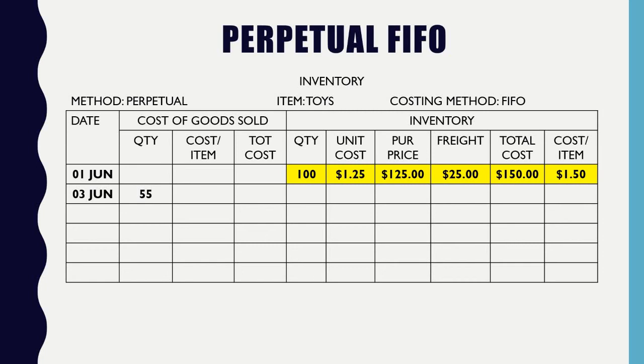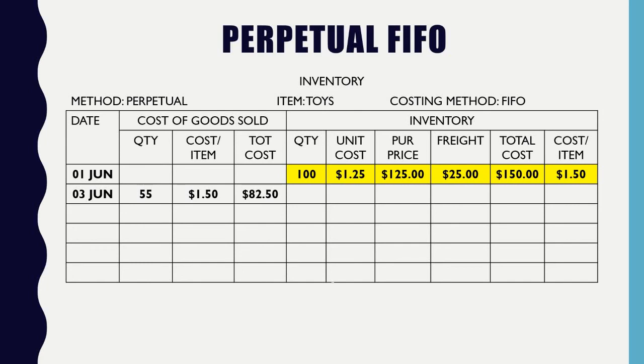So my assumption is this is the only batch I'm referring to. I take my cost per item, which is $1.50, and figure out how much it cost me to sell 55 items at $1.50. If I calculate that, it gives me a total of $82.50.